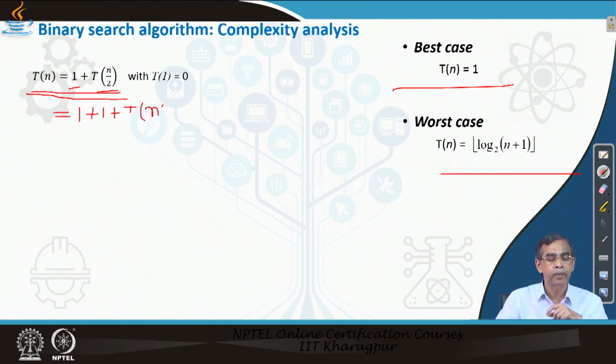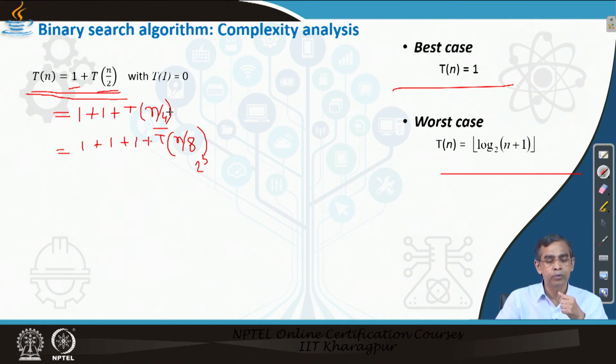So each time as you progress, the size of the part of the list is reduced. Now if it is not available in the 1/4 part, then we have to continue again. Recurrently resolving, it will go to T n by 8, which means 2 to the power 3.